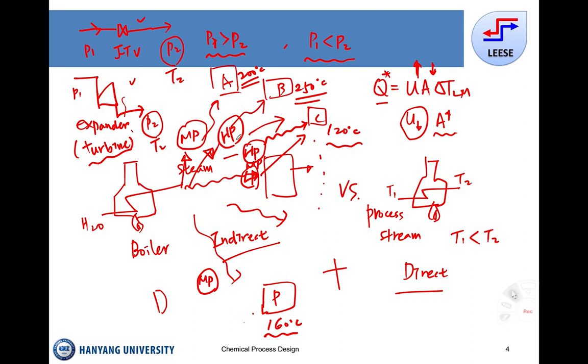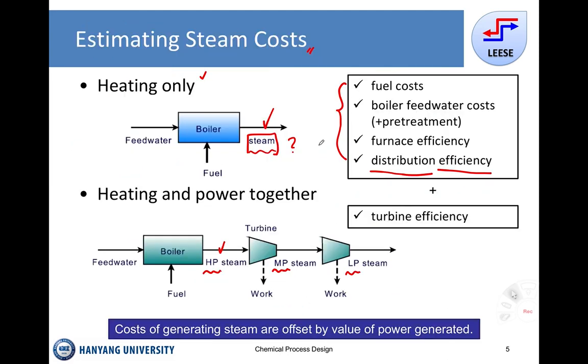So high pressure steam is used for the high temperature users, and the low pressure steam is used for the low temperature users. Then we have the high pressure steam produced in the boiler. Then we want to make the medium pressure steam and the low pressure steam.